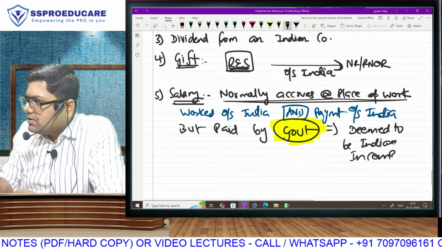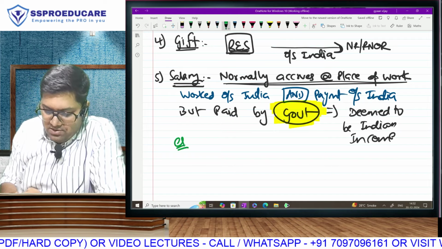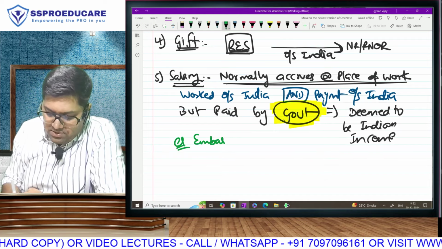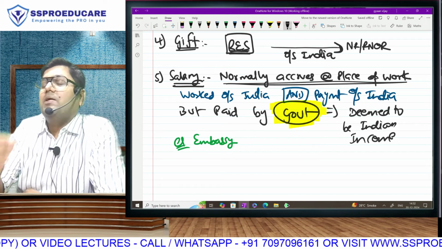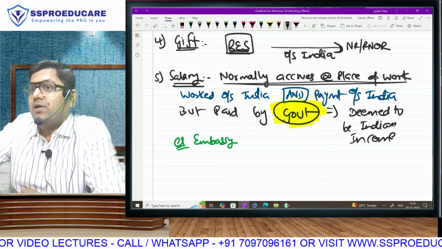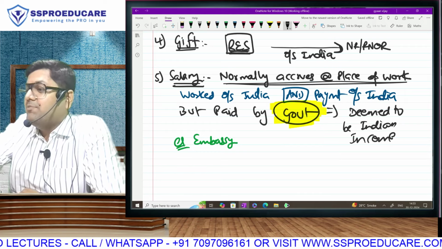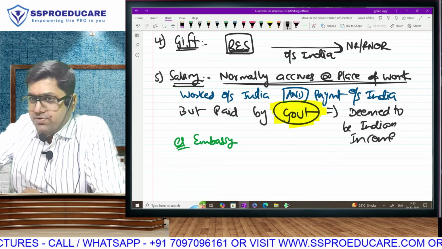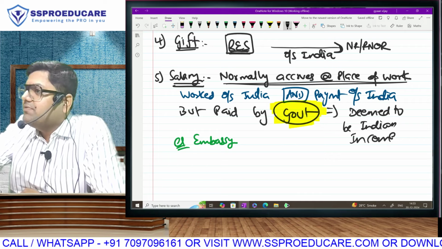Ambassador, embassy. See, they are known by different names. Some countries call them embassies. Some countries call them consulates. Some countries call them commission, high commission. They give different names. For example, there is an Indian embassy in every country in the world.